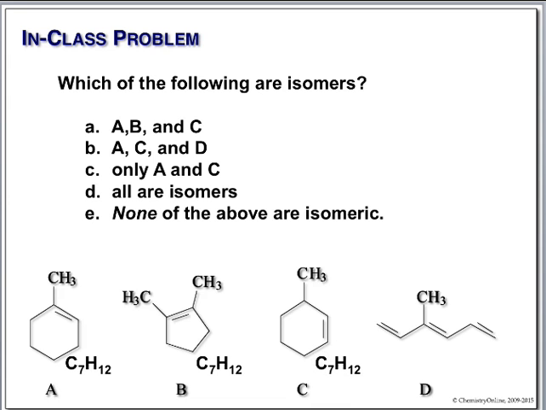This guy has 1, 2, 3 degrees of unsaturation, so you know it must be different, even without counting. If you do count, C7H10. Therefore, these guys have different structures, different constitution, but the same formula. Constitutional isomers.